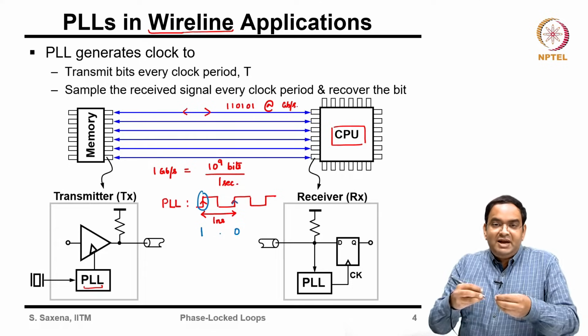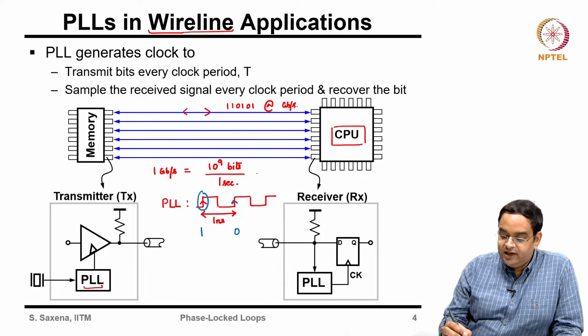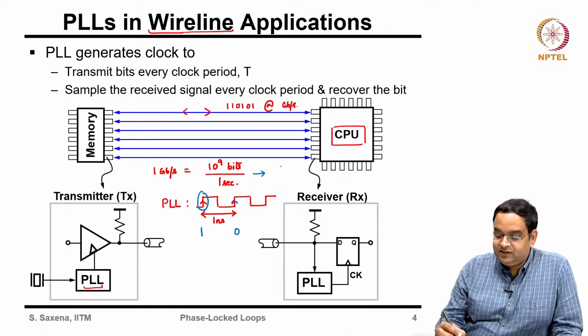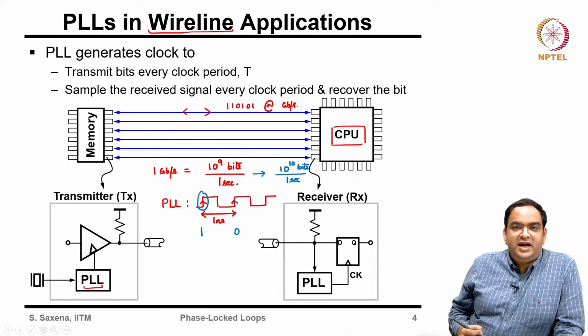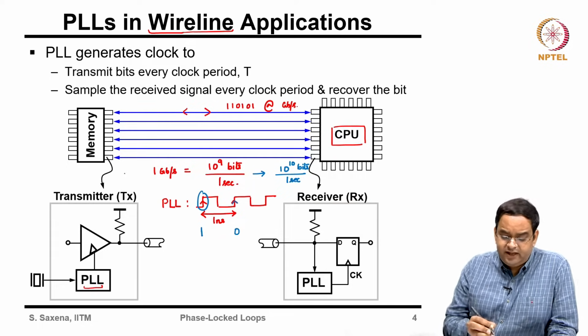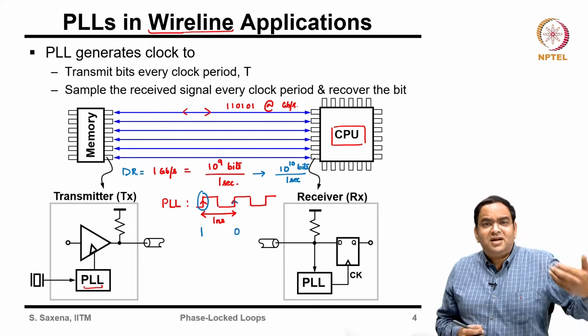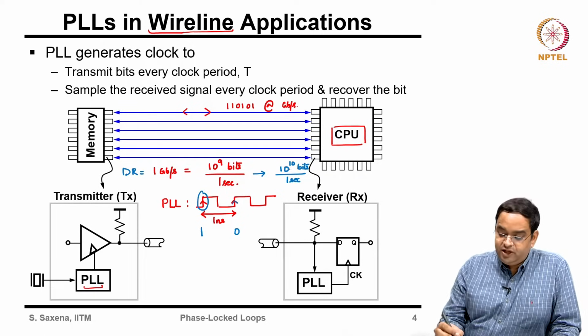So, if the same data rate which we are looking at, 10^9 bits per second, I change this to let us say 10^10 bits per second, which you like to have, right. These days we are looking for as large a data rate as possible. Data rate is the number of bits transferred per second. The higher the data rate you want, the higher the rate at which you need to generate a clock.